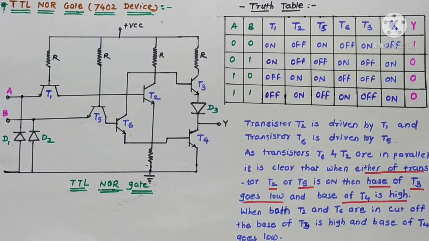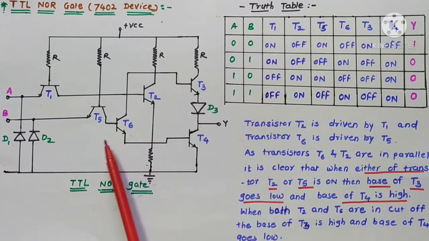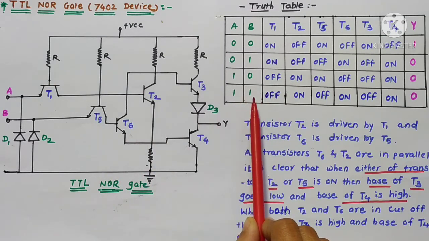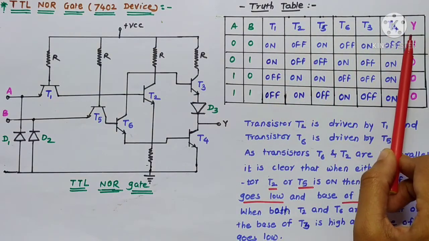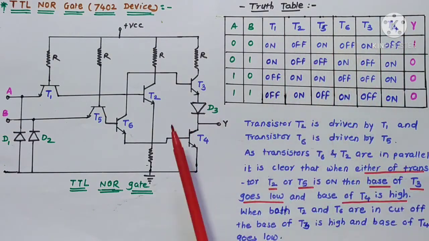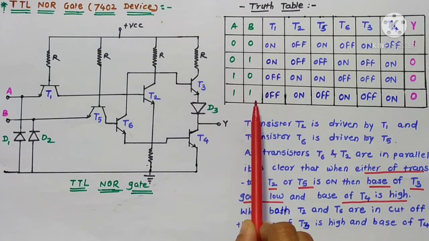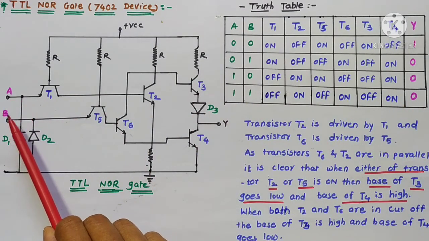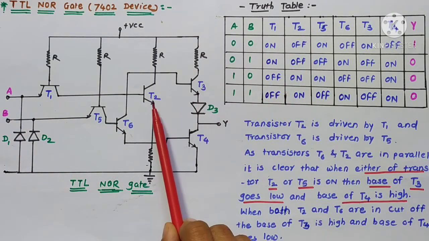Now students, you can check the combinations for A1, B1, this last case, and the on-off conditions of transistors T1 to T6 with the help of this truth table. Here A1, B1, transistor T1 is in off state, so T2 is on.